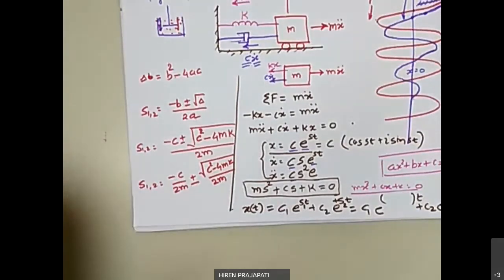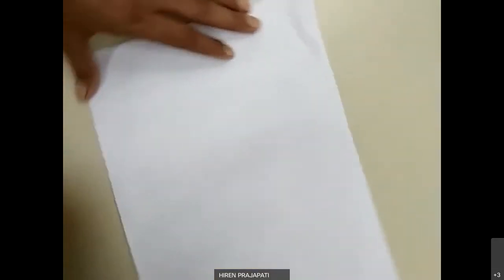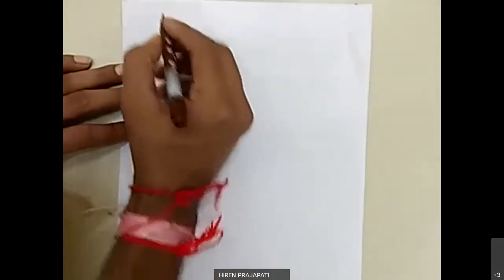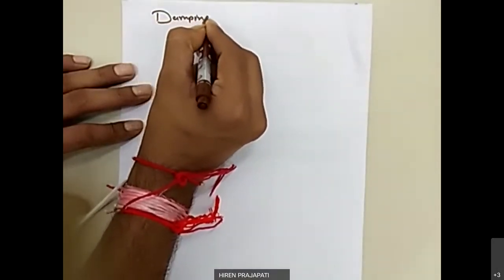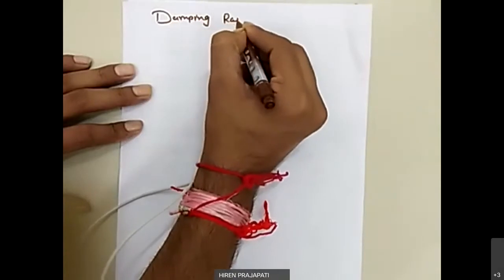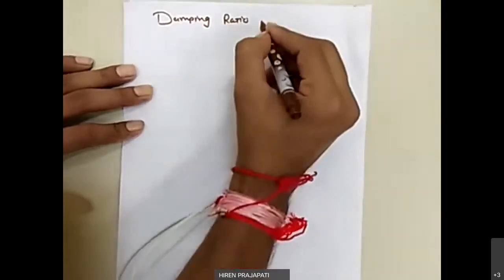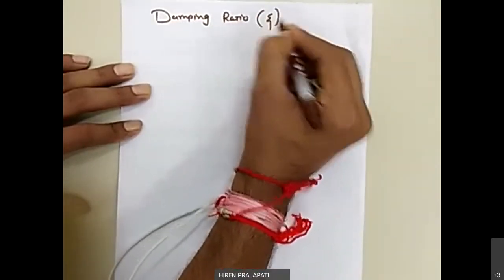Today we are going to discuss the damping ratio and three different cases of damping system. The notation generally used is zeta.